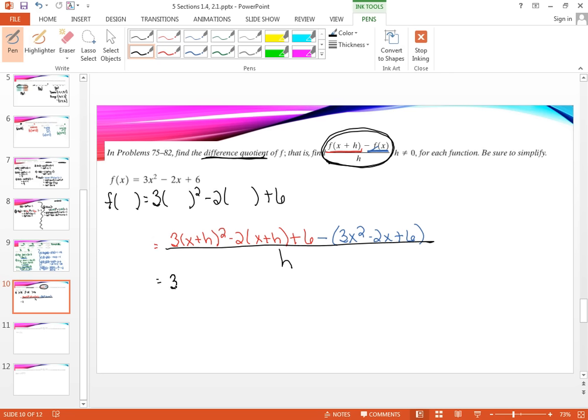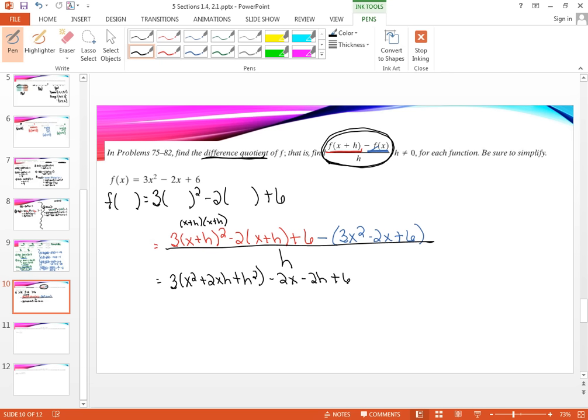All right, so 3 times (x plus h) quantity squared. That's x squared plus 2xh plus h squared. Remember, because this is x plus h times x plus h. And then I've got that minus 2 times (x plus h), that is minus 2x minus 2h, plus the 6.